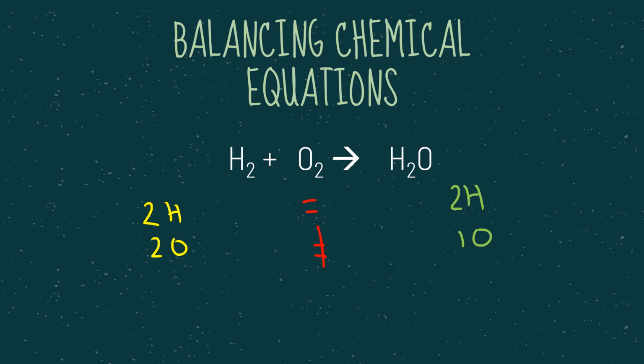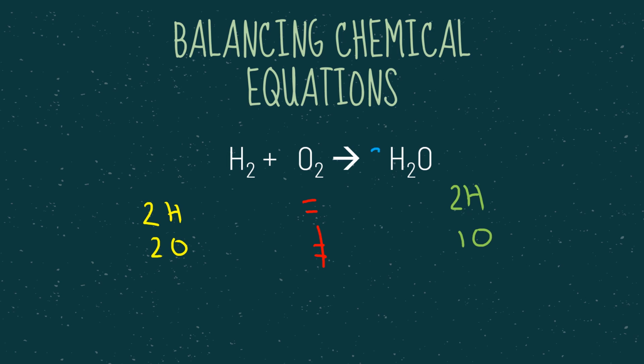So now we're going to balance the equation. In order to balance, we need to multiply either the left side or the right side by a certain value. How we multiply is that we add a number in front of the element or compound such that the number helps us balance the left hand side and the right hand side. One thing we can do is try to get rid of any odd numbers. On the right hand side, we have a single oxygen.